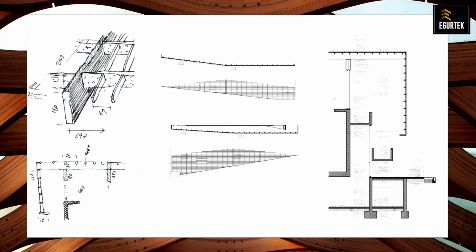In this case, the pieces were made to order, and the size is 6.47 or 6.5 meters to cover the 61-meter span in the gymnasium, and the beams are 60 millimeters high.